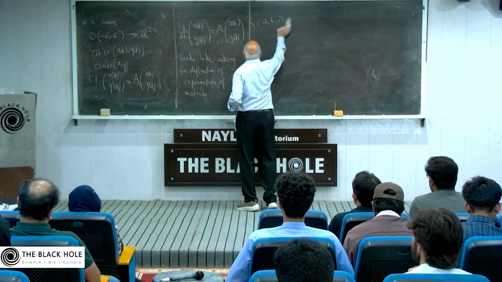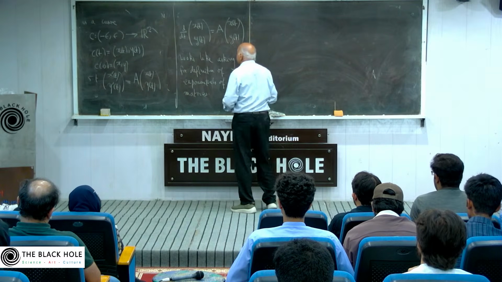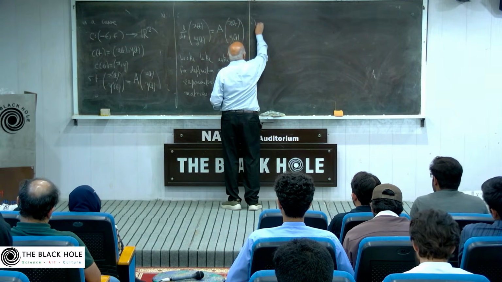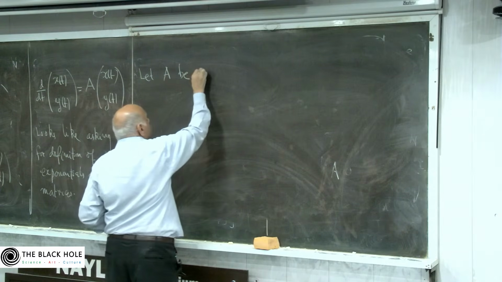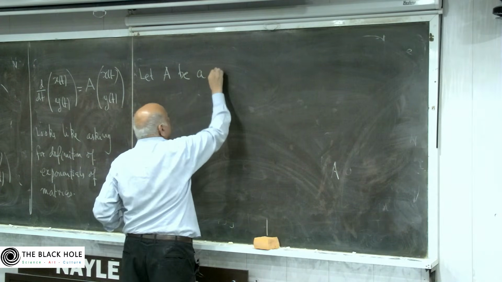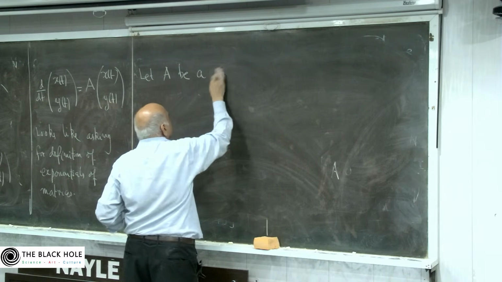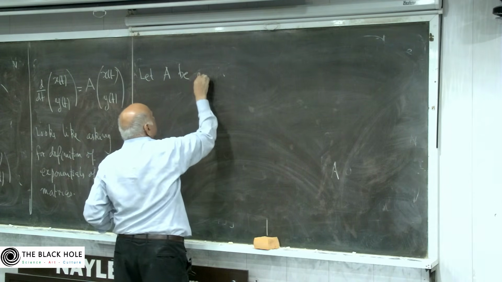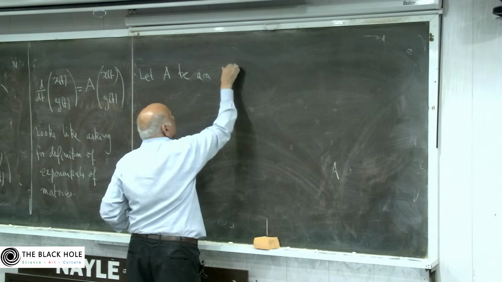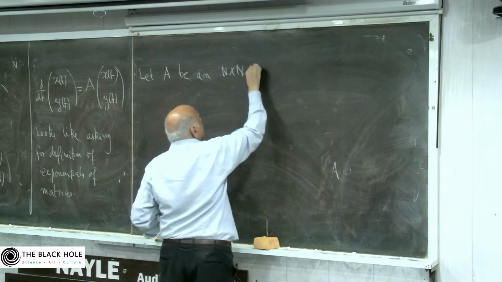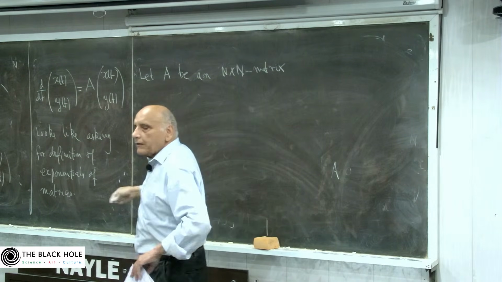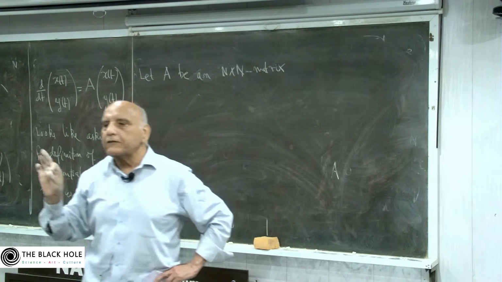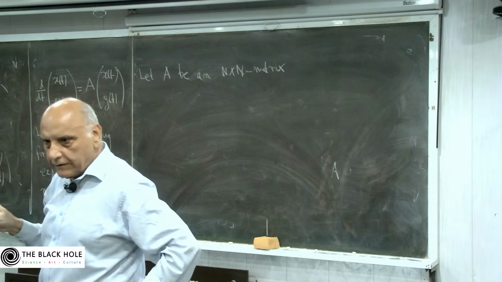So let A be an n by n matrix. This means it's a matrix with constant entries, okay?